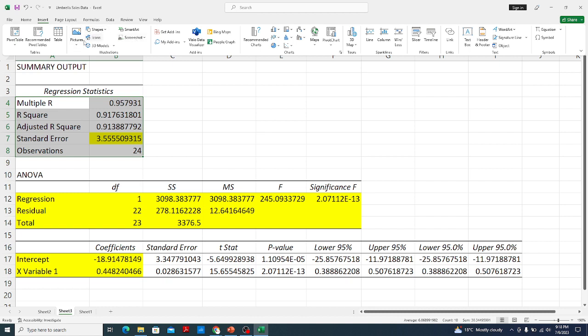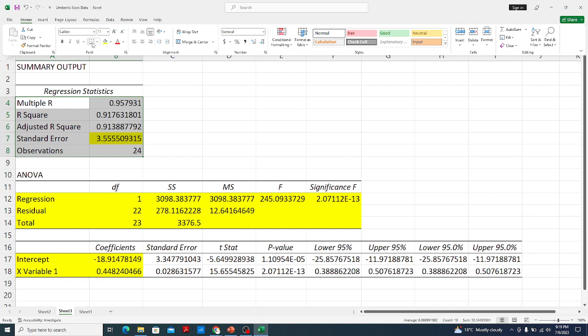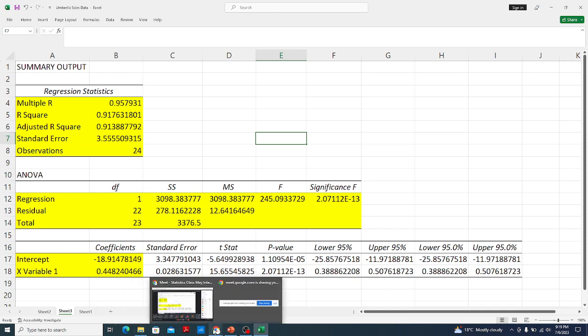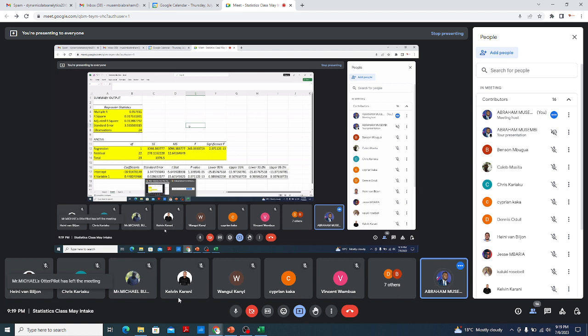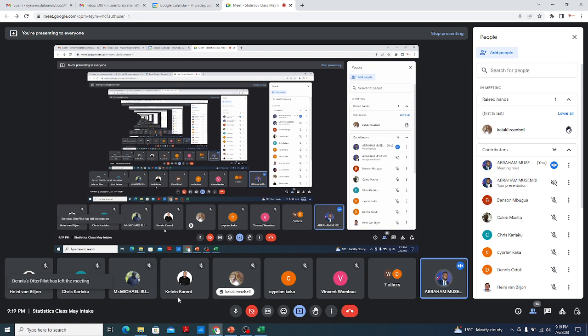Then we have the statistics part. Now I want us to go through the notes and see what they are telling us. Any question up to that point? All good before we go to the notes to do more interpretations.